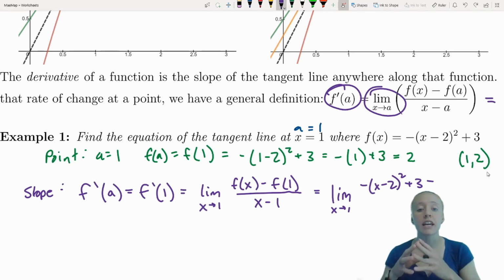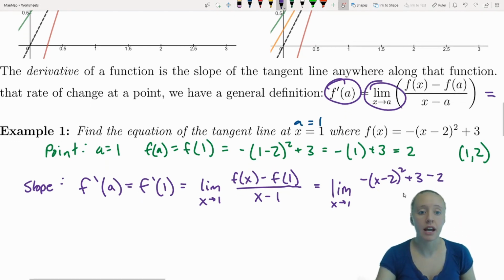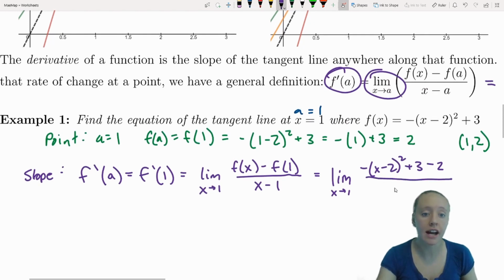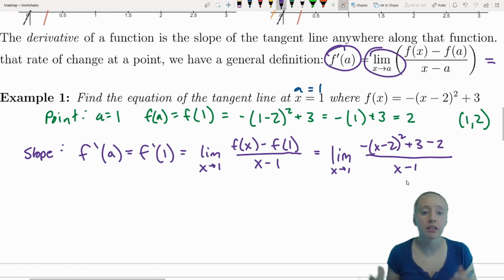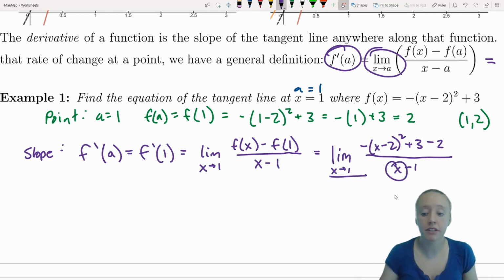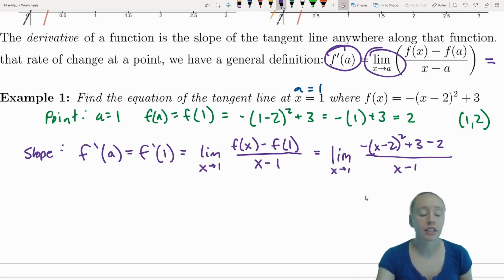When we're at 1 in the x, our function is at 2 in the y. So then I'll subtract 2, and that's all over x minus 1. Now, when we take the limit, we can't just plug x in, because if we plugged 1 in for x, we're going to get 1 minus 1, which gives us a 0 in our denominator.